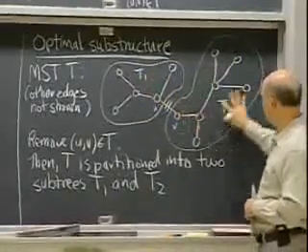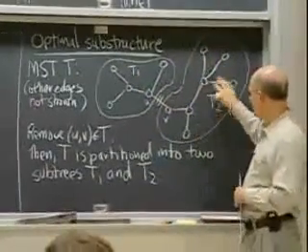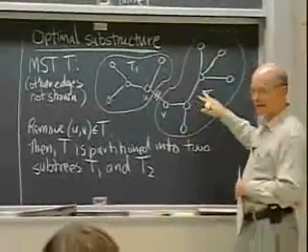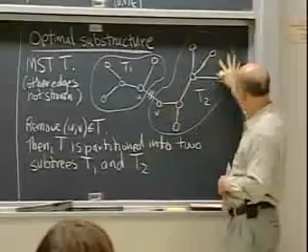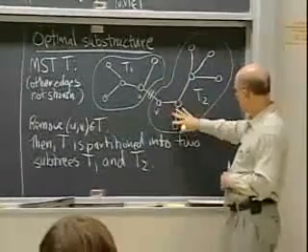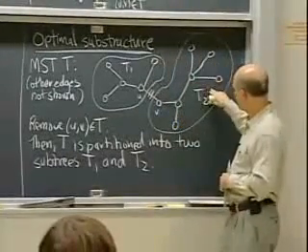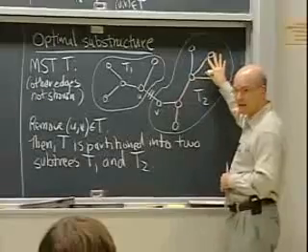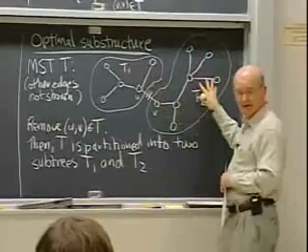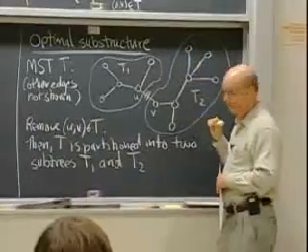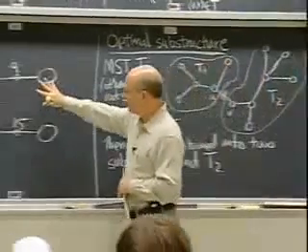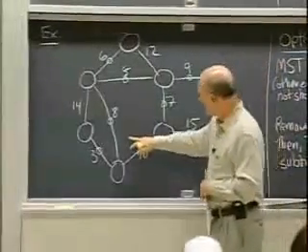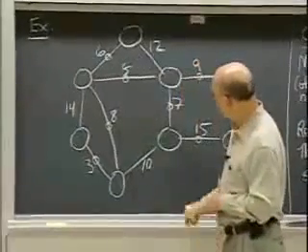And correspondingly, if I look at the set of edges that are induced by the vertices in T2, in fact, T2 is a minimum spanning tree on that subgraph. We can even do it over here.